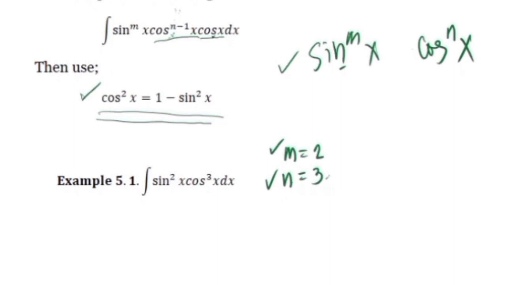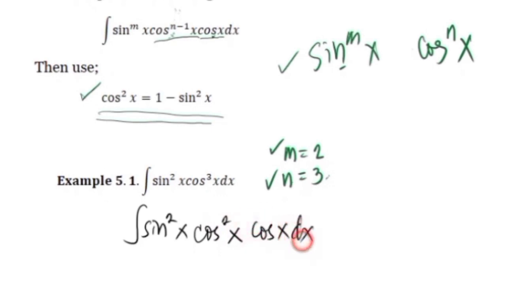So, we have integral of sine squared x cosine, so that's n minus 1, so your n is 3 minus 1, so that would be squared, multiplied by cosine x dx. Hindi naman natin binago yung equation natin kasi if we are going to multiply cosine squared by cosine, that would be the cosine cube.